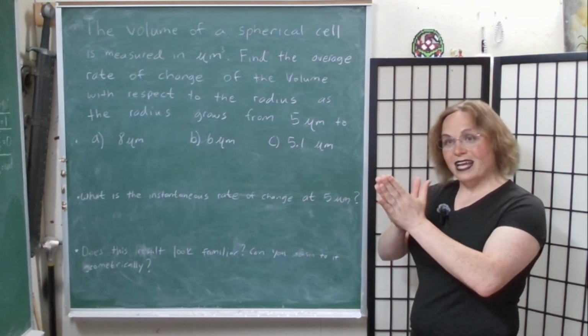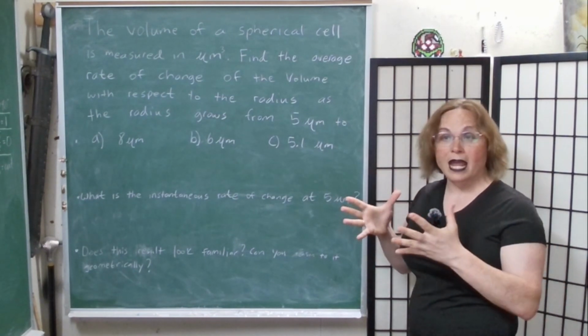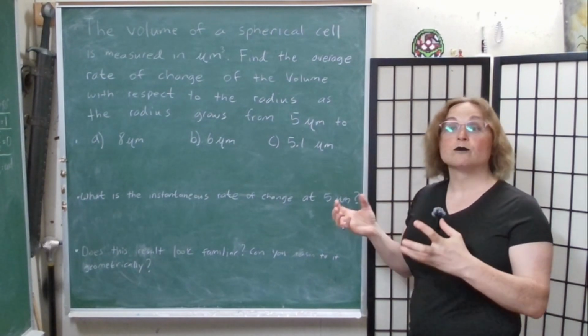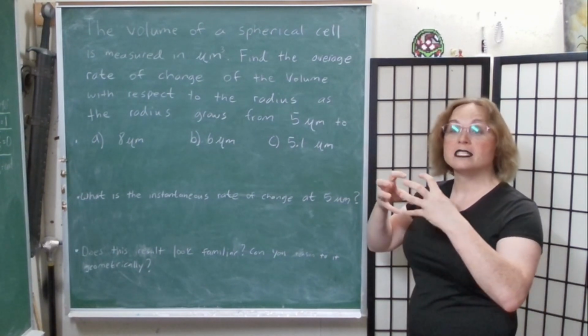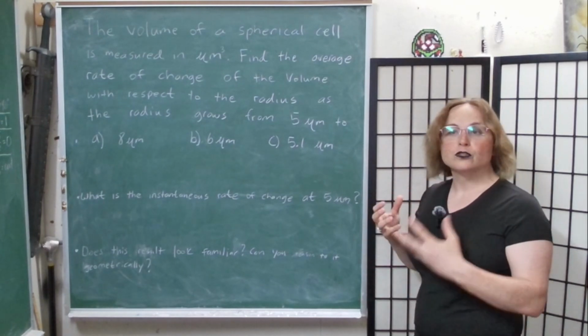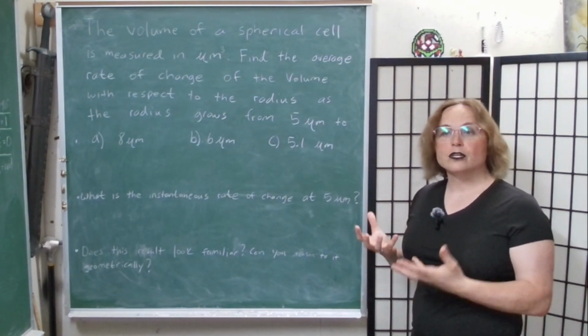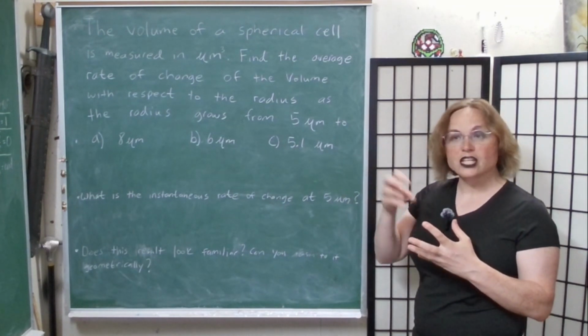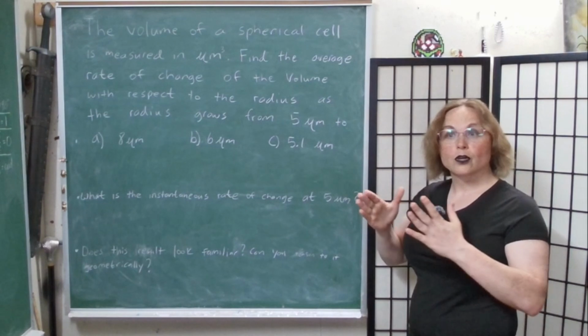It will both expand in a linear way as its radius grows, but as it expands, it's absorbing water, which is the volume increasing. And what we're interested in is how do those two things interact? In other words, how is the volume changing as the radius grows?